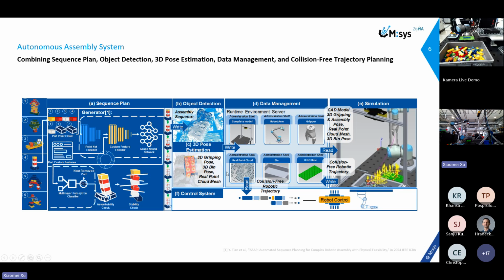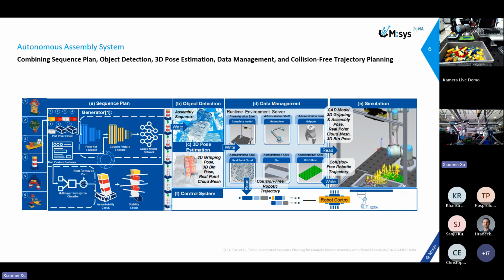Data management will store the robot and environment properties in the asset administration shell. It will check for changes in environment properties and send the CAD model, the 3D gripping and assembly pose, the real point cloud mesh, and the 3D bin pose to the simulation tool.